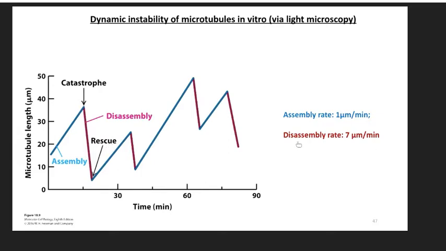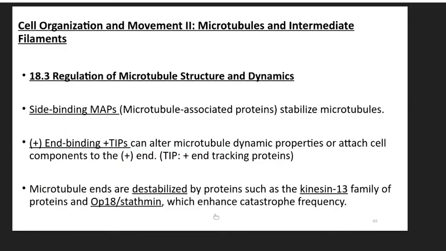The assembly is actually slower, which is why it takes more time, but the disassembly is almost 7 times faster, so it happens very quickly. Then there is a rescue, and then assembly happens again, then catastrophe, disassembly, rescue, assembly, just like that. It goes on as long as the cell needs more microtubule formation.